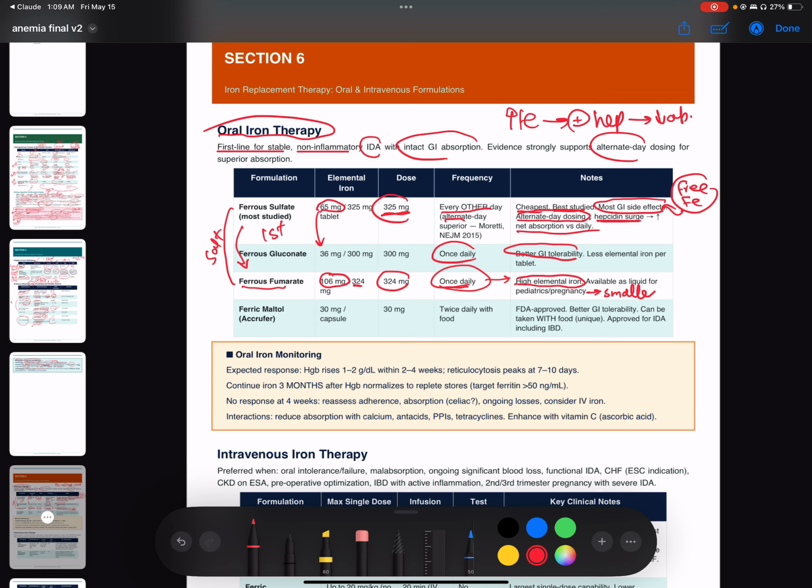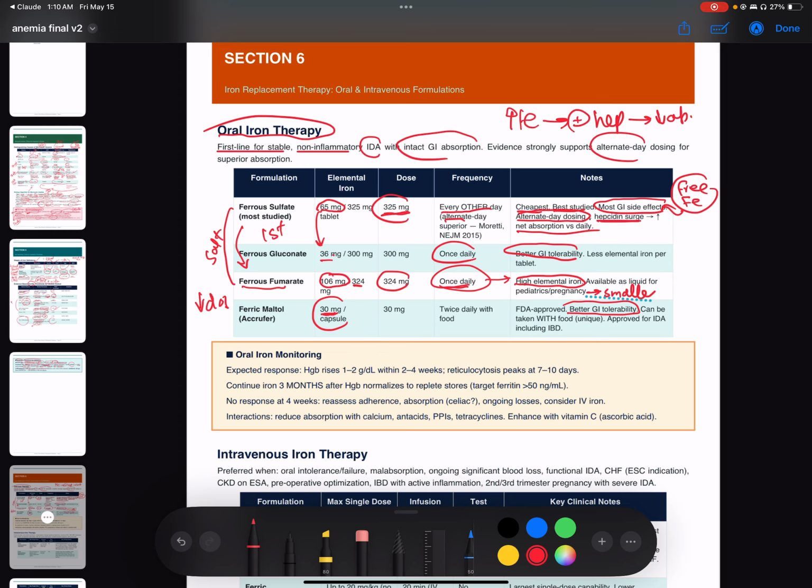Ferric maltol is not a salt, it's just iron attached to maltol. It's a 30 milligram capsule. And it has better GI tolerability. Why? Because of the dose. First, the dose is less. Here you are giving 65, here 36, here 106. This is just 30.